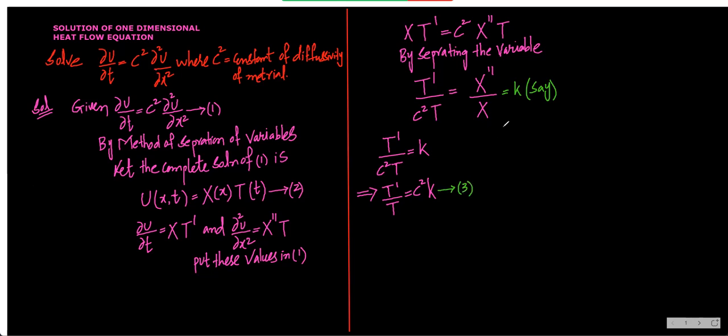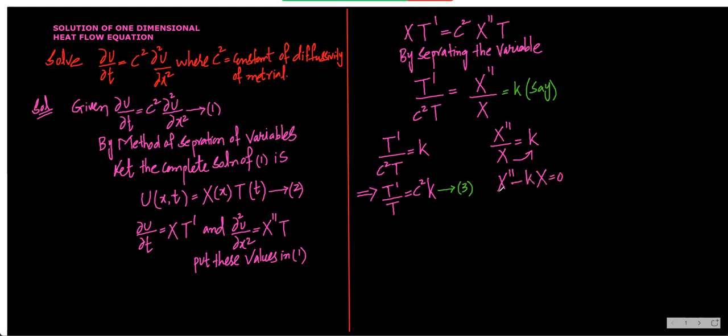The next case, assuming X double dash by X is equal to k, and then cross multiplying, we get X double dash is equal to kX, or X double dash minus kX is equal to 0.